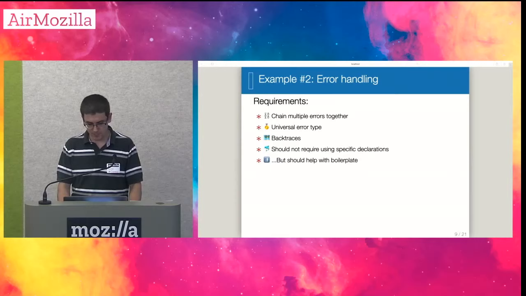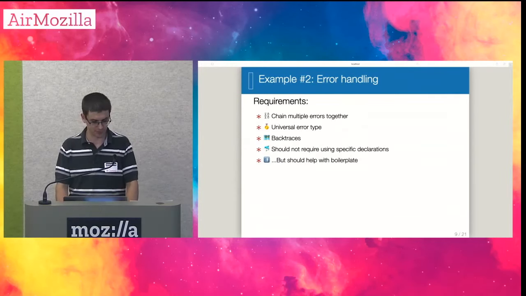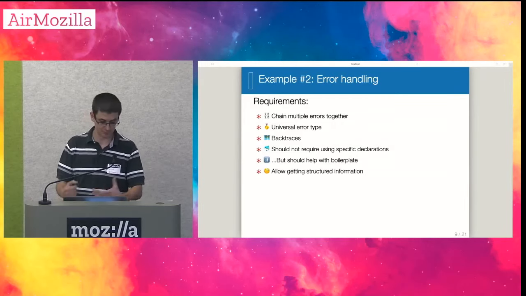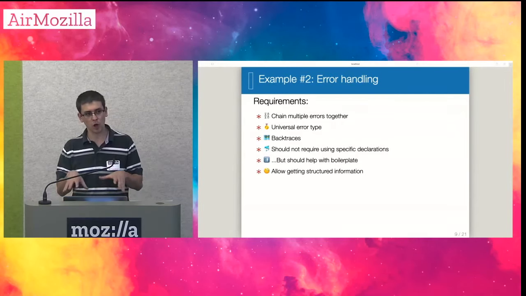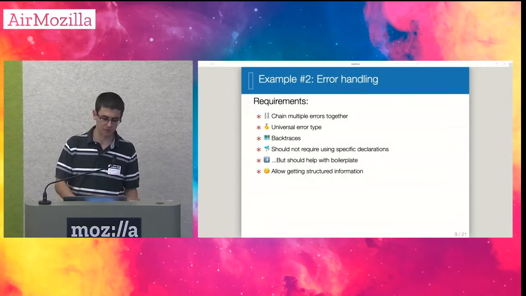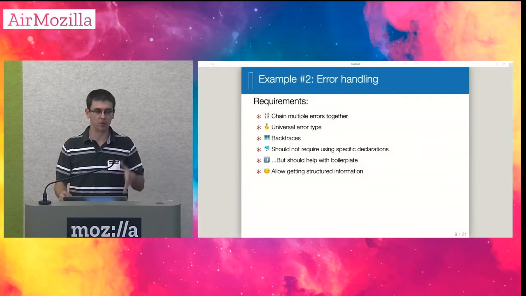Those 5 requirements are not too complex to implement. But there was also another requirement which changed the whole thing and made it way more complex, at least for me. We also needed a way of getting structured information out of errors. The reason for that was the standard we were implementing on our APIs.